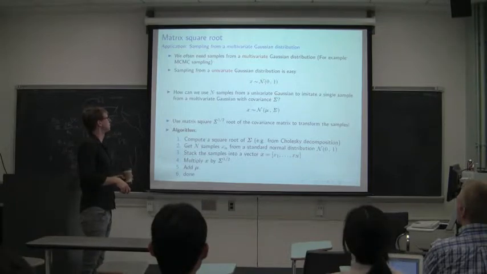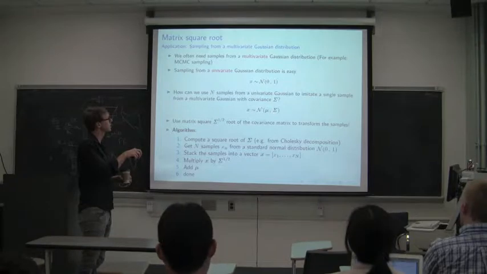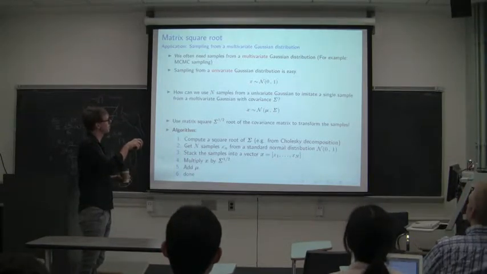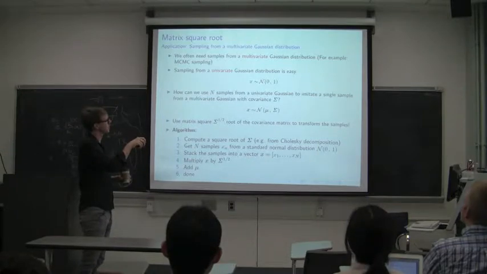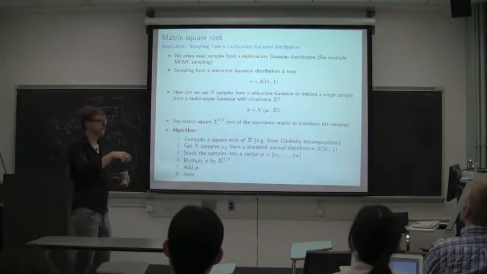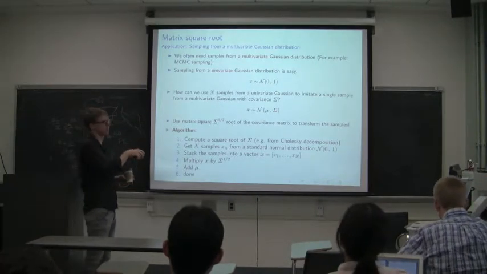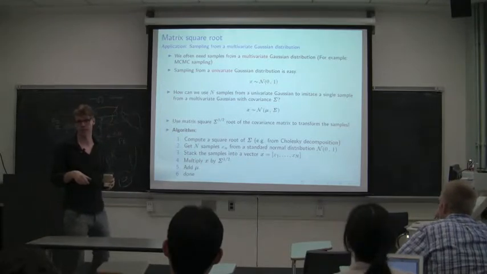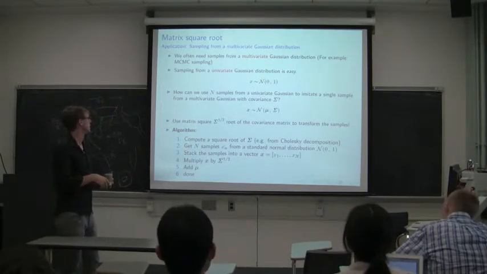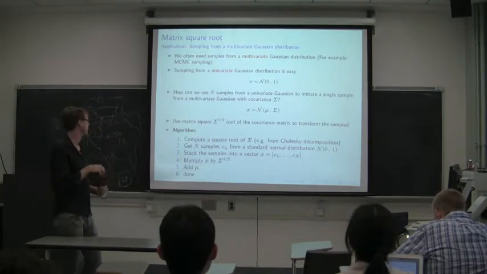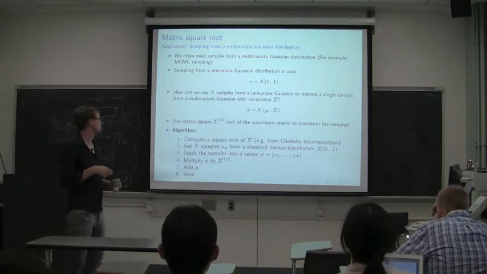And what we do is we take the matrix square root of the covariance matrix, and in order to get from n samples here, which we can view as a normal with zero mean vector and identity covariance matrix, we multiply the identity on both sides with the square root of sigma, then we get sigma back. And then we just add b to it in order to get a sample from a multivariate Gaussian.